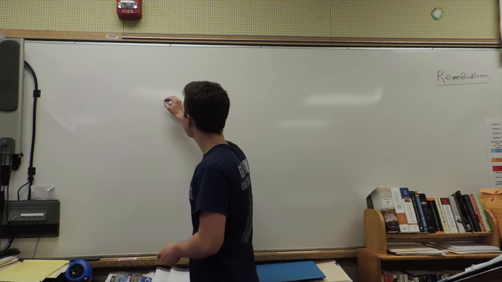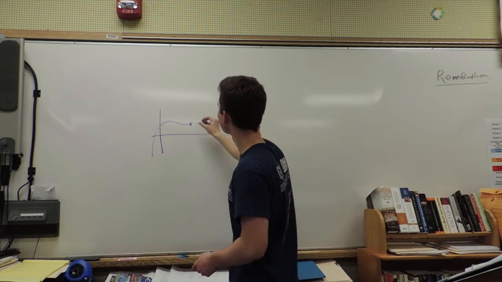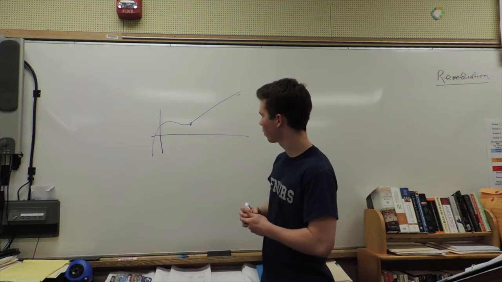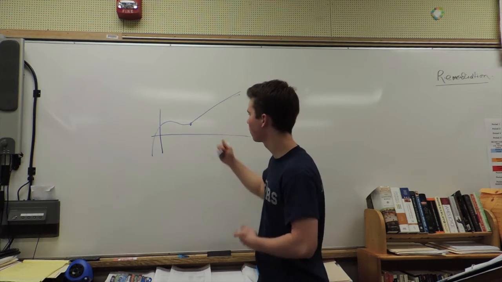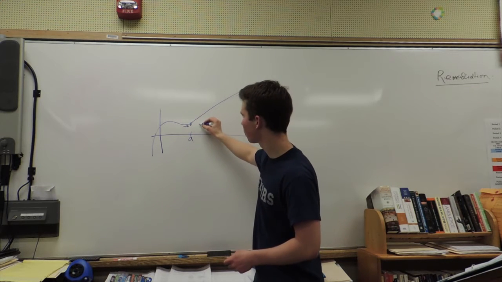So, say you had a graph like this. You can see if we were to take the limit as you approach this point, A, from the left, it would be the same value as if you approached it from the right.